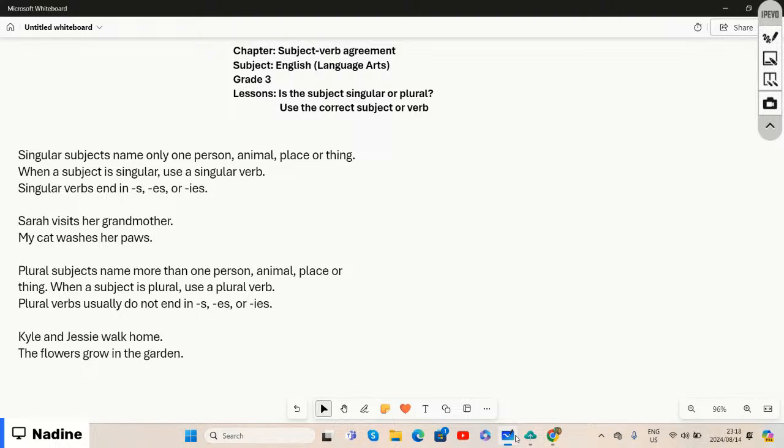And then we said that a plural subject refers to more than one person, animal, place, or thing. And when our subject is plural, we use a plural verb, and it does not end with an s, es, or ies.